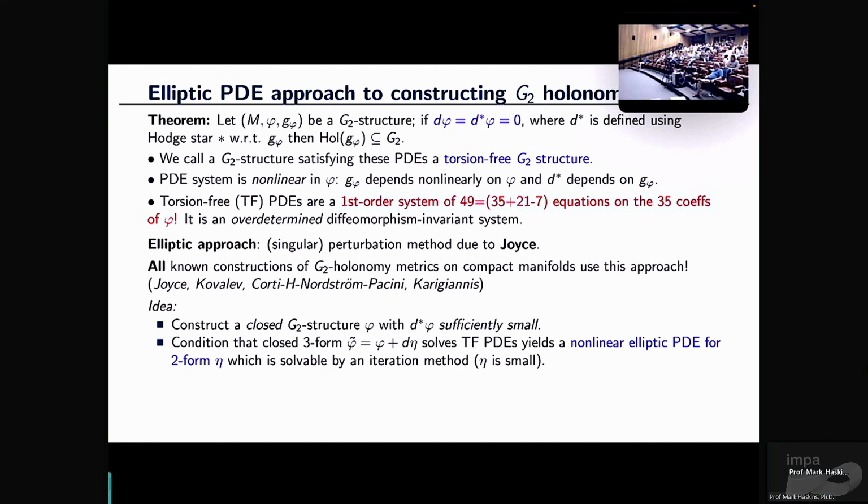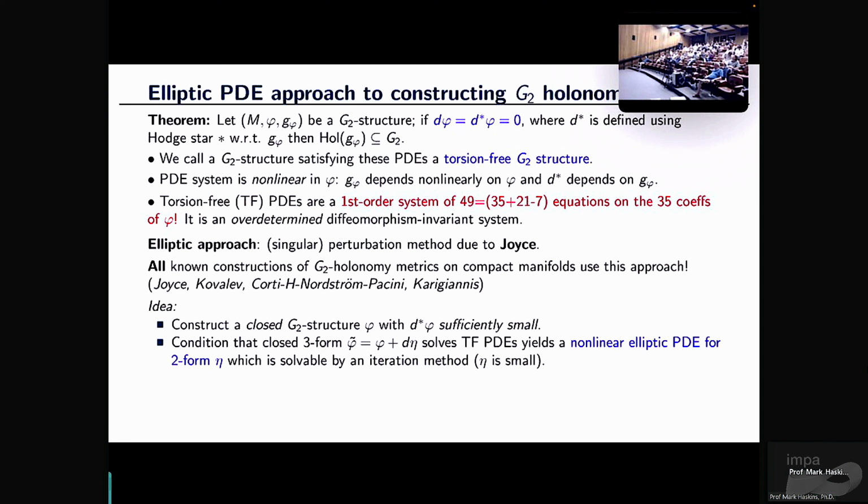Now we can consider perturbing this 3-form phi, staying in the same cohomology class, so we can add d eta and then get some new 3-form phi tilde. Then we can ask, what's the condition that phi tilde satisfy these torsion-free PDEs?